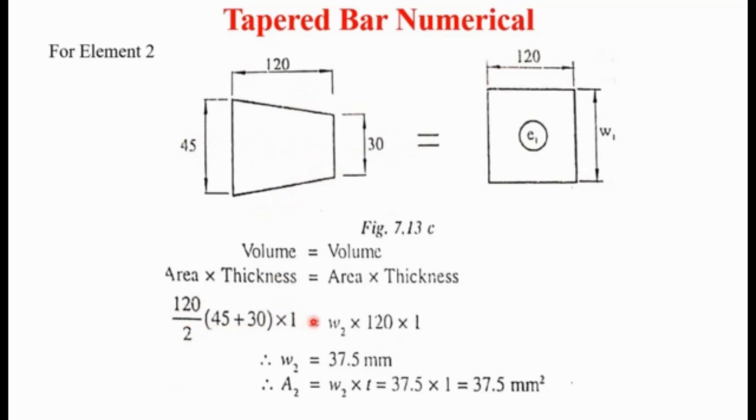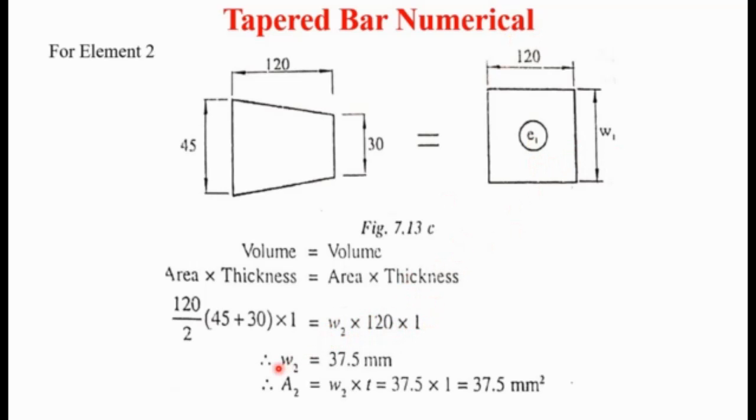is equal to the volume, which equals the area of this element, 120 into W1 into thickness 1. Sorry, W2. So W2 into 120 into 1 is the volume of this element.